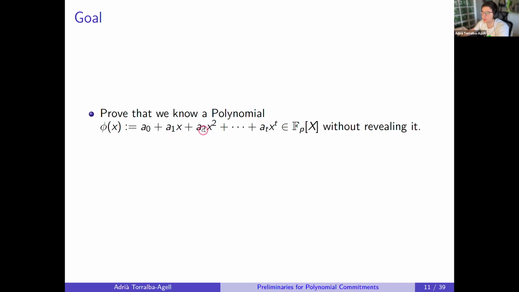A0, A1, A2, all the way along until AT, these are actual elements from the field, but this as a whole, this is an element of Fp of x. And when we put it this way, we usually refer to the polynomial field that takes as coefficients elements of the finite field P. This is usually the way we do that.